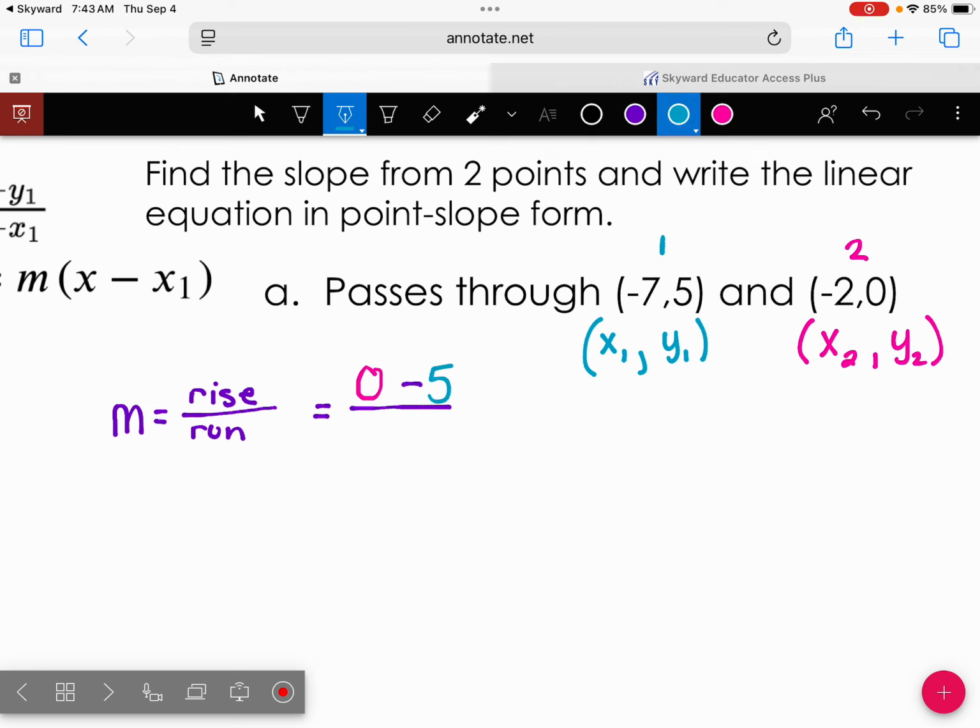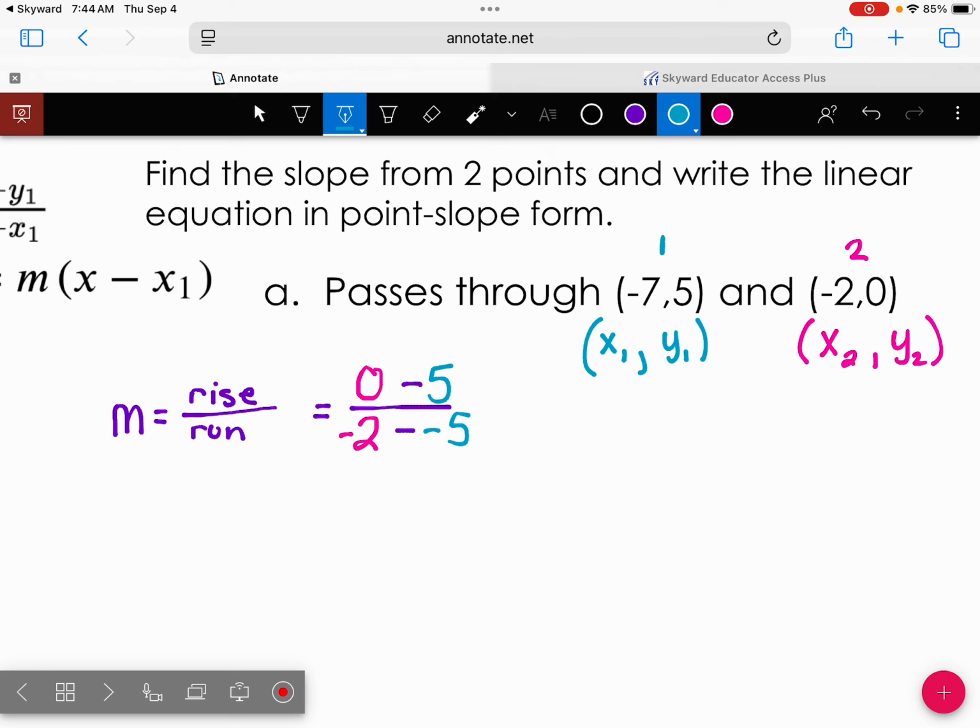My run, we run from the x's. So we're going to have our -2 minus -5. If you set it up with x1 minus x2 and y1 minus y2, if you flip these, as long as you flip both, it genuinely does not matter.